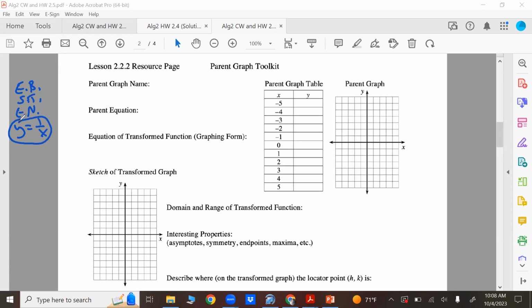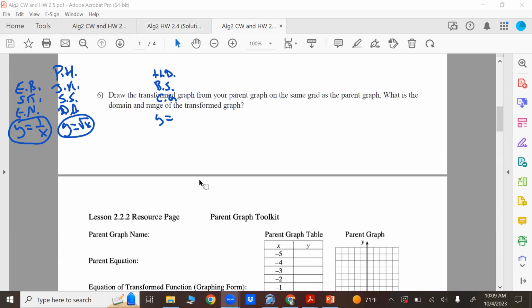So that table, you have 1 over x. This table, Pierce, Jack, you guys are going to do y equals square root of x. And in the back, what was the other one we had? Oh, cube.